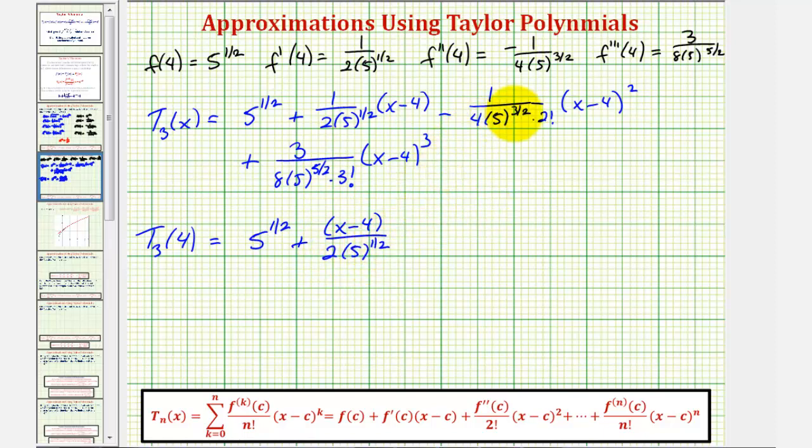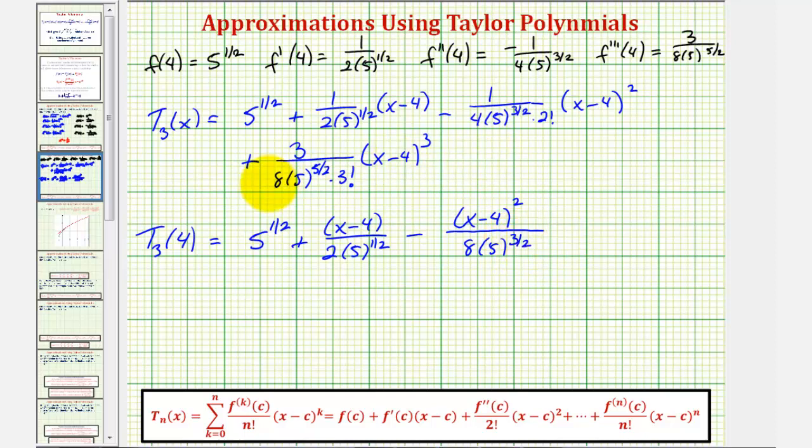The next term is negative, so we'll have minus, the numerator is 1, so let's go ahead and write the numerator as the quantity x minus 4 to the second. Now our denominator, 2 factorial is 2, 4 times 2 is 8, so we'd have 8 times 5 to the power of 3/2 in the denominator.